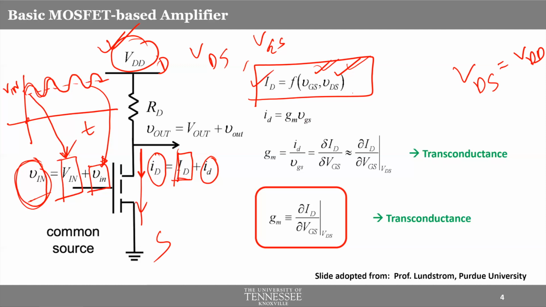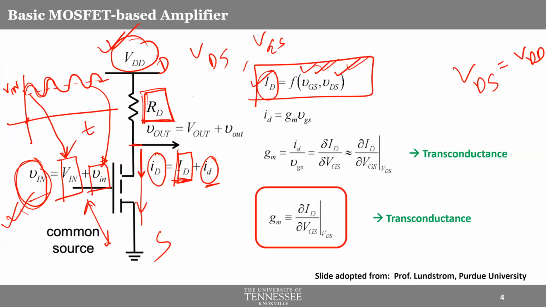Now my point is, when you're varying the gate voltage, that means you're varying the VGS, gate to source voltage, there will be some variation in the drain current as well, because that depends on VGS. And the drain current will have a DC component as well as an AC component. Now, notice that we have a resistor connected to the drain end of the transistor, right? VDD and drain end of the transistor.